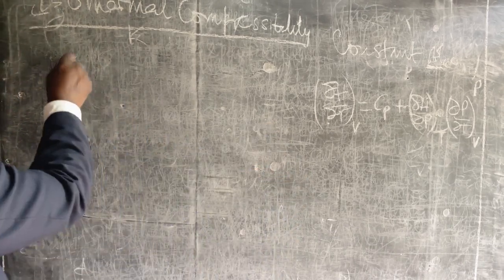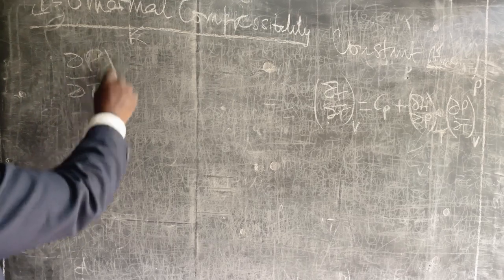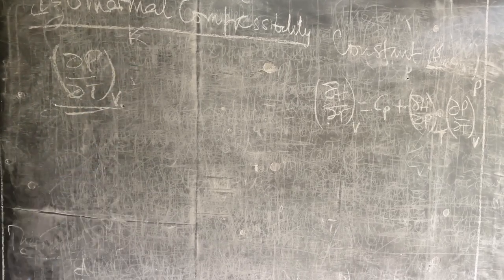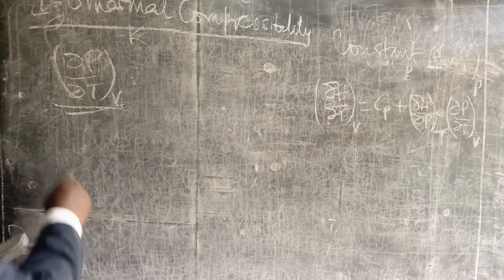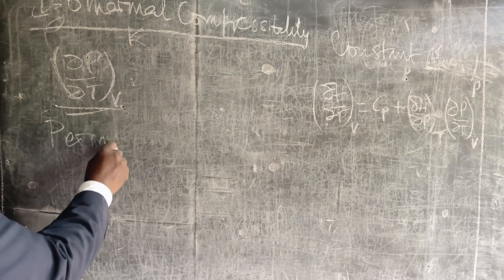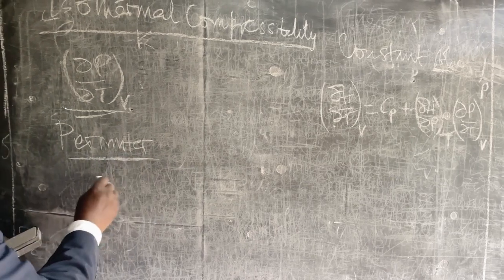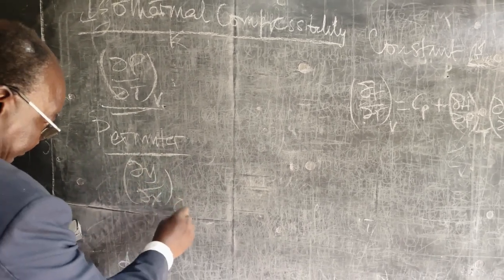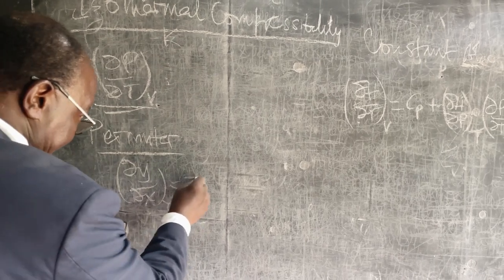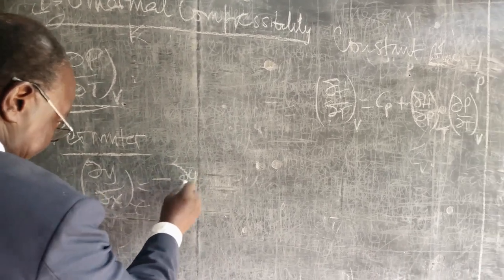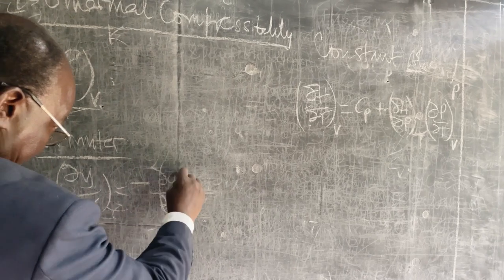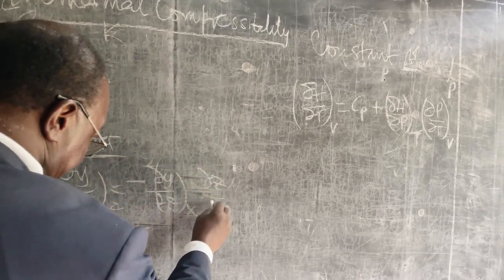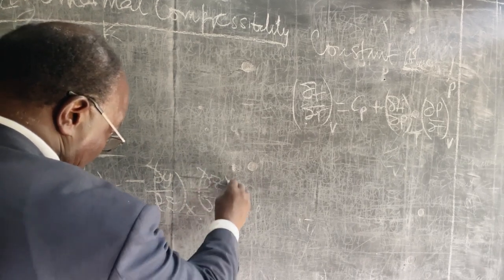So let's look at ∂P/∂T. Now, to look at ∂P/∂T at a constant volume, we need to do a few operations here involving partial derivatives. One, we will use the identity which we refer to as the permuter. If you have an expression (∂x/∂y) at constant z, it permutes the coefficient so that you have (∂y/∂z) at constant x, (∂z/∂x) at constant y.